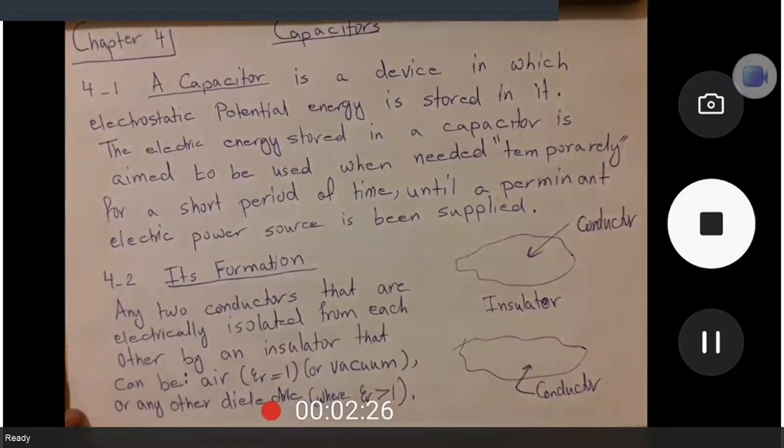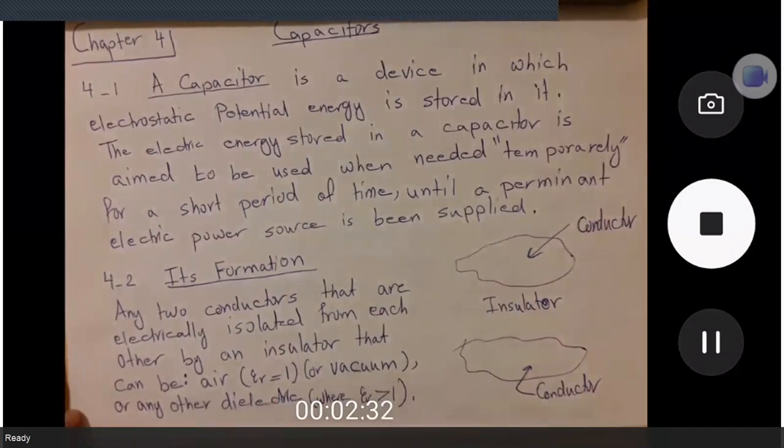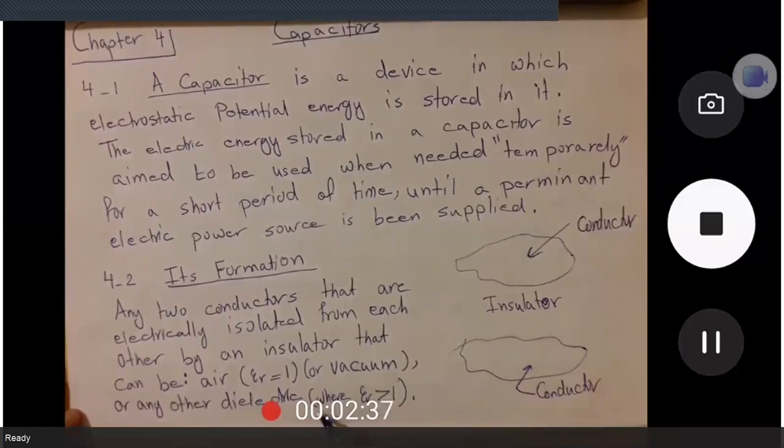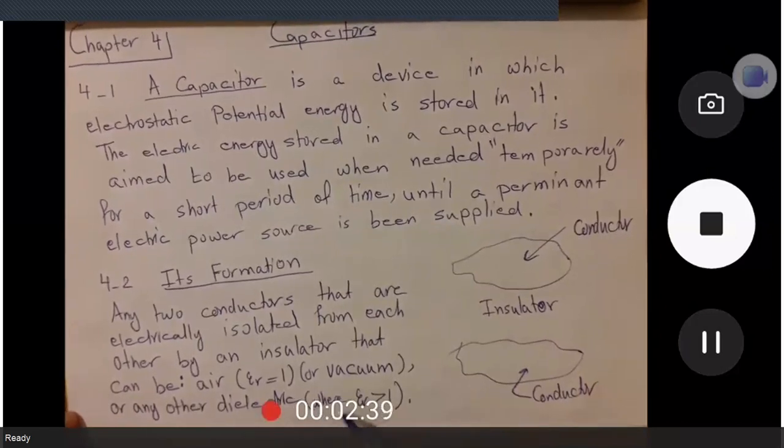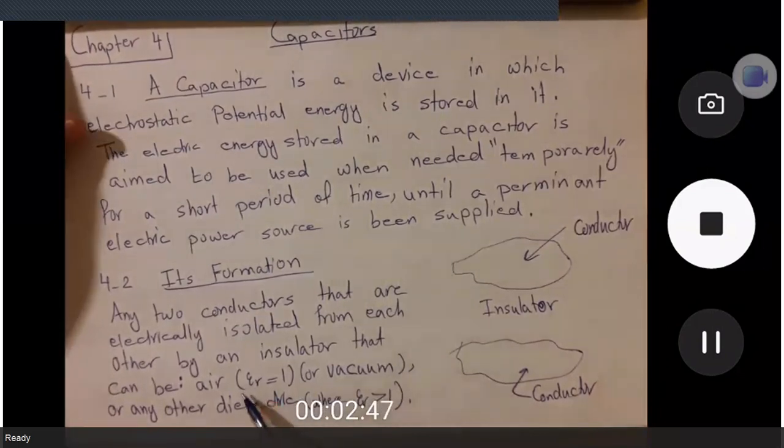Okay, so if the insulating material is air or vacuum or any other insulating material, which then is called a dielectric. A dielectric has an epsilon r which is greater than 1. An insulating material, air or vacuum, has epsilon r equal to 1.